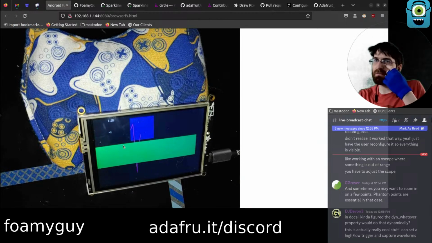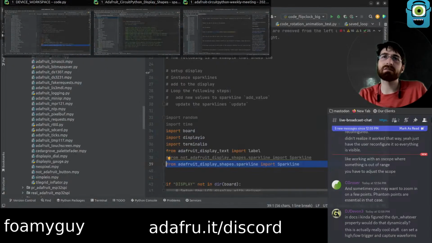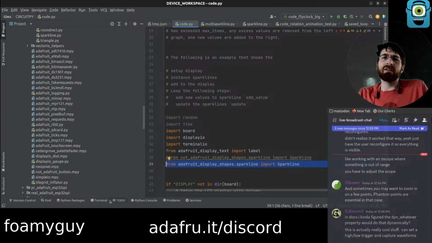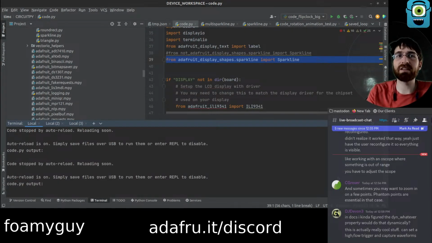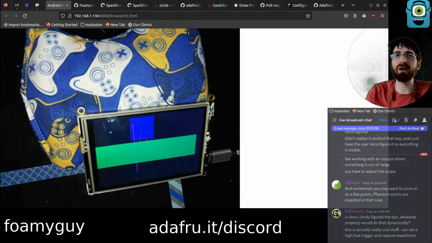Actually, I'm really surprised that that does that, because our bitmap I thought was only 100 by 100. Somehow this made a bigger bitmap, it must have. Interesting.